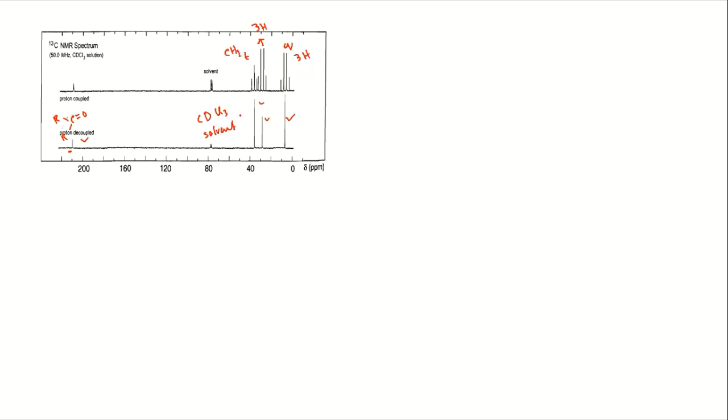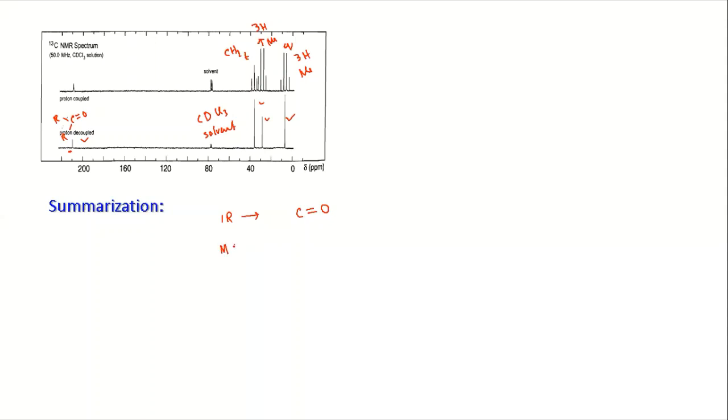Now from here you can clearly see that you have 2 methyl groups. Here is methyl, this is methyl, and this is CH2, and you have a keto compound. All together, if you summarize: IR is telling you C double bond O, not confirming exactly whether it is keto or others, but most probably the keto.